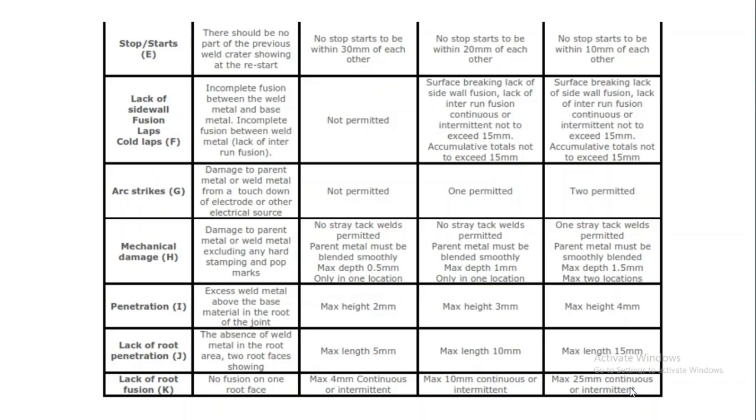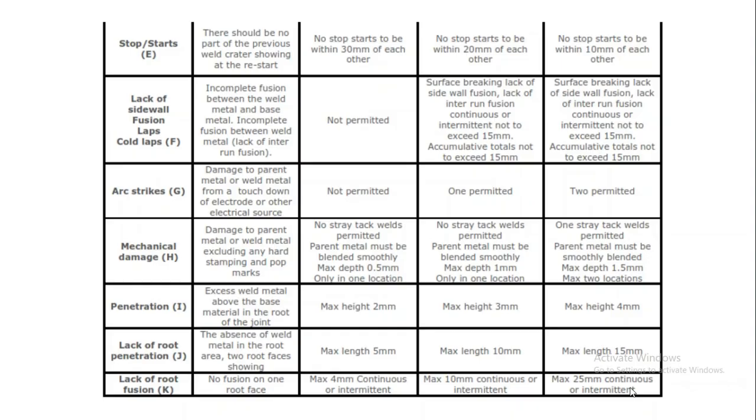In remarks, they have mentioned incomplete fusion between the weld metal and parent metal. If you are noticing weld metal is not fused properly between weld metal and base metal, you have to consider it as a lack of sidewall fusion.